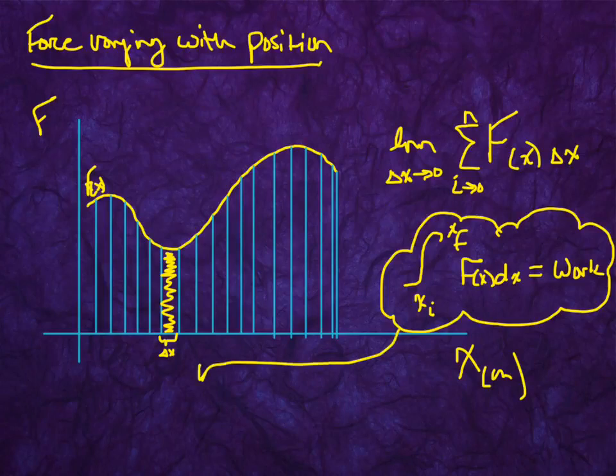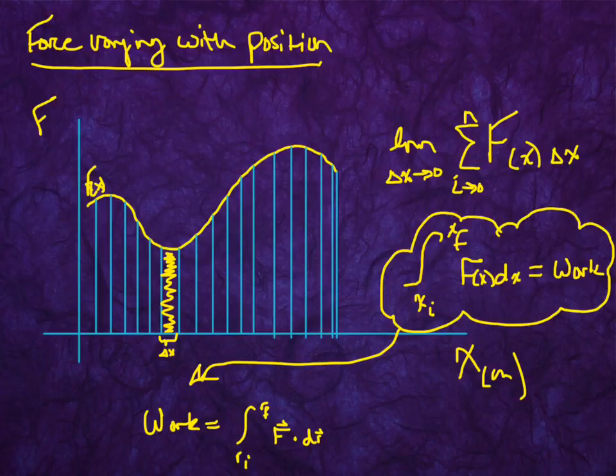This really converts to our work equals the integral of our radius, our initial position, to our final position of our force vector times our displacement vector. Okay, and we will start with this and then we simplify.